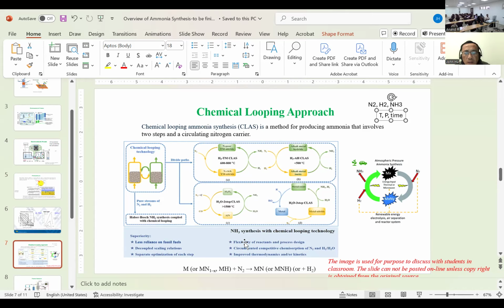Yes, go ahead. Just the terminology, see the title of this slide: chemical looping. Have you ever heard of chemical looping? Because I'm going to go through the detailed equation on the bottom. Before I go to that chemistry, I want to know if you have ever heard of it, so I can just talk about this loop. This is a very complicated process. Anybody, just tell me yes or no?